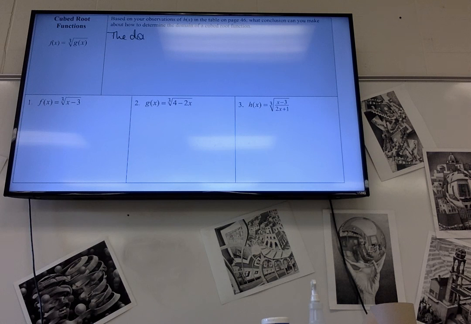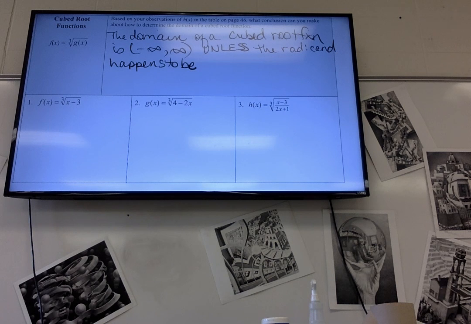So the domain of a cubed root function is negative infinity to infinity, unless the radicand, which just means whatever is under the radical, which in this case is a cube root, happens to be rational.